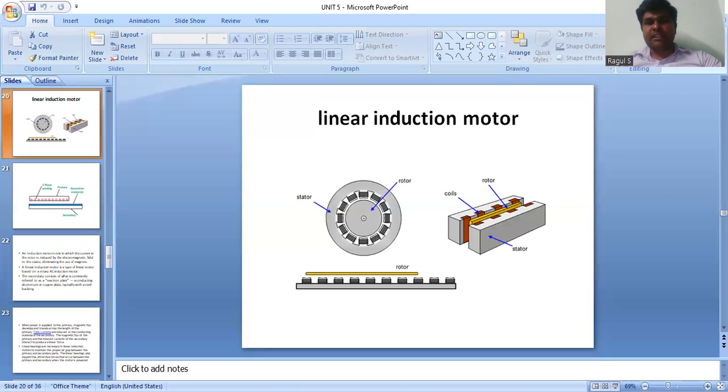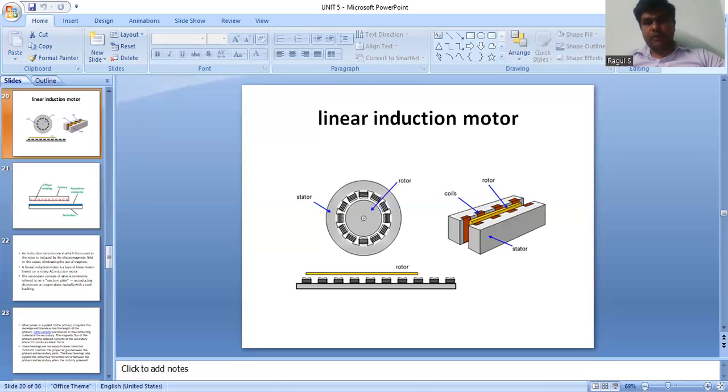This is a short single primary. The field system may be a single or double primary system. The secondary of this type of induction machine is normally a conducting plate made of either copper or aluminum, in which currents are induced.